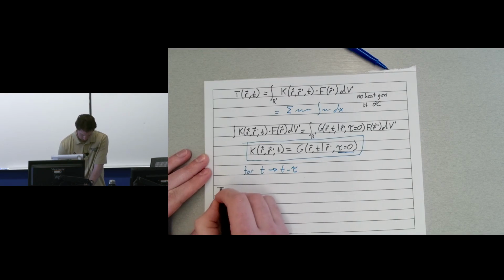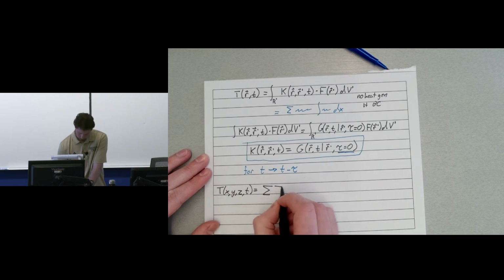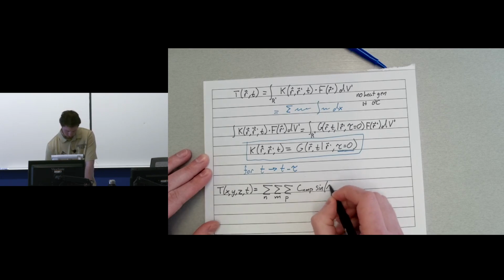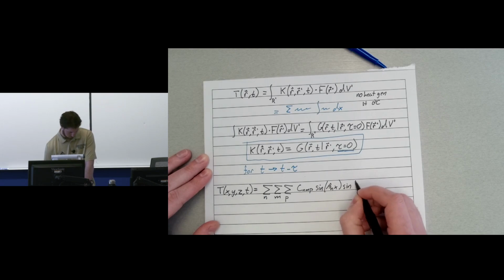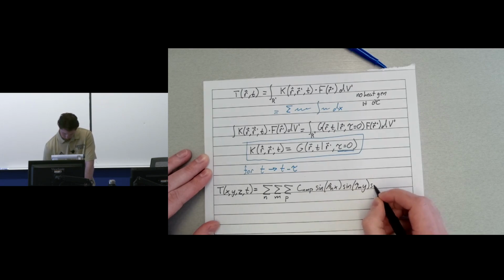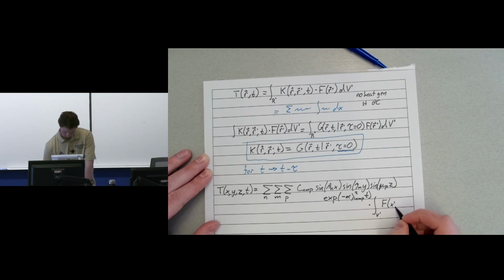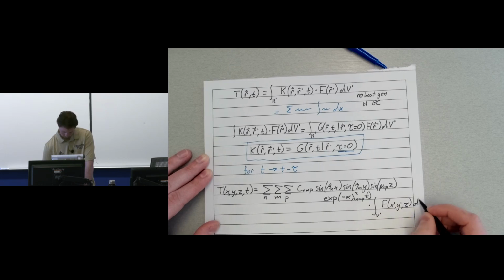So I'm going to say, suppose that I gave you a temperature distribution, x, y, z, and time equals some summation over n, m, and p, some constant, sine of beta n x, sine eta m y, sine mu p z times our exponential negative alpha lambda squared subscript nmp t times some integral of our initial condition integrated over that volume.